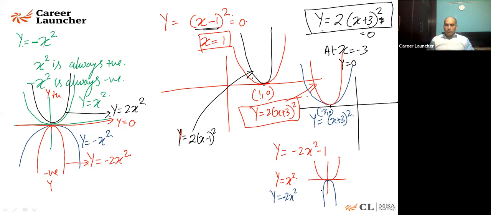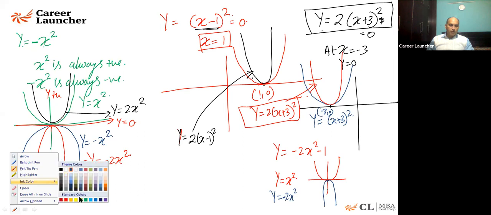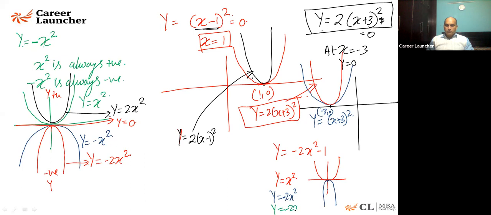So it is minus 1. What does that mean? I'll pull it down by 1. Because I'm subtracting something from here, the same curve will be just dropped by 1. So this is the curve which is going to form here. Is it fine? So your answer is this one. Pulkit, clear?